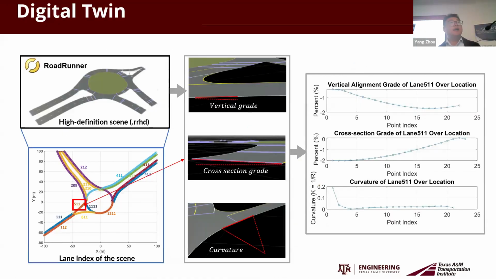So here I just provide an example to demonstrate that, given those road maps, we can readily output all kinds of geometries from the road. For example, the vertical grade, cross-section grade, as well as curvature.